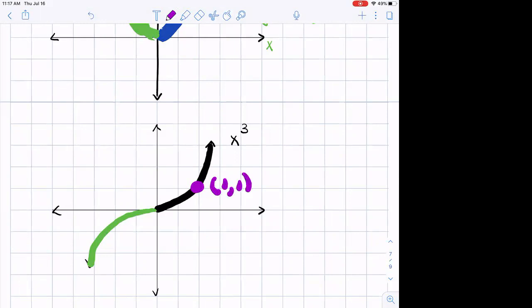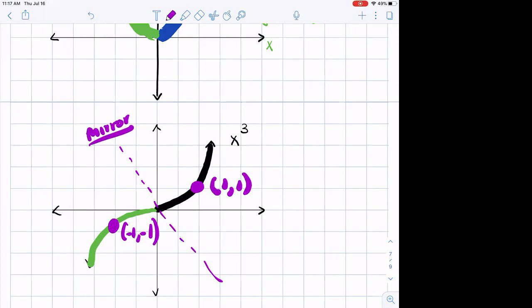This point here will be, for symmetry, -1, -1. So it's sort of a reflection in the line passing through the origin. This line here is sort of the mirror.